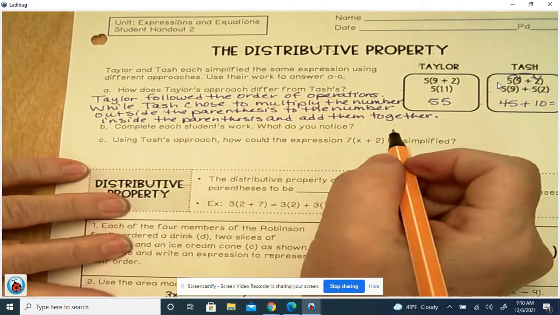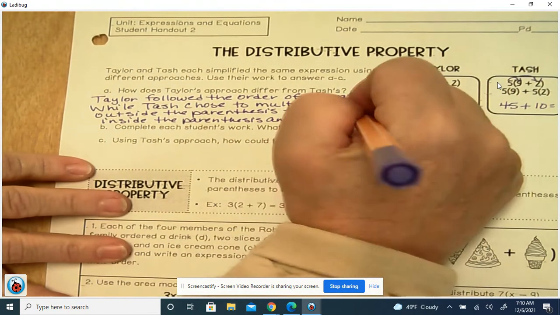And we completed the work, and what do you notice? They both simplify to 55.